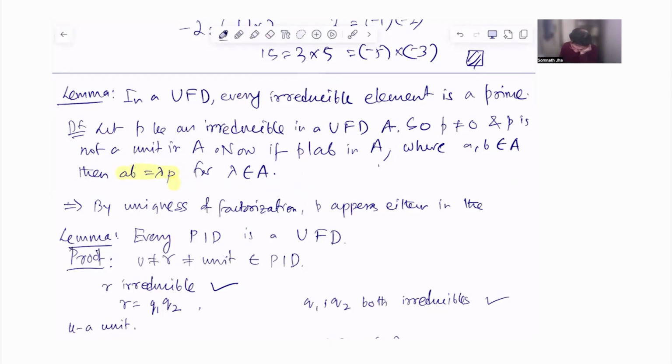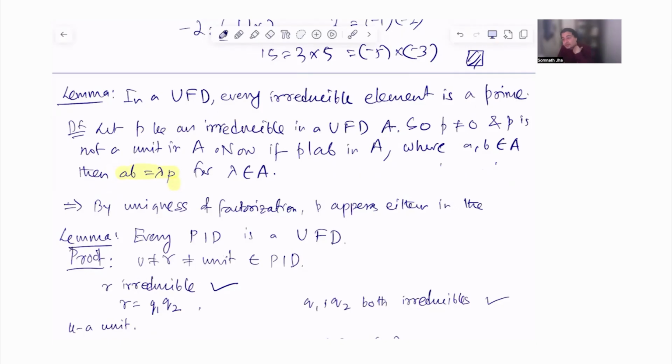Note that P is an irreducible in A. Now AB equals lambda times P. In one of the factorizations of AB, you consider the element AB.